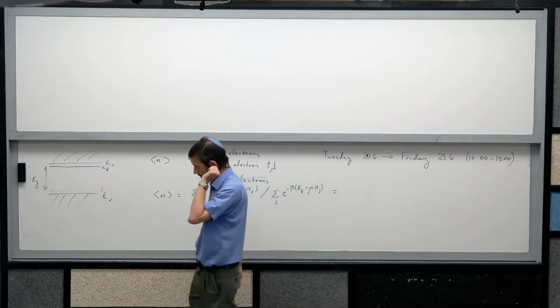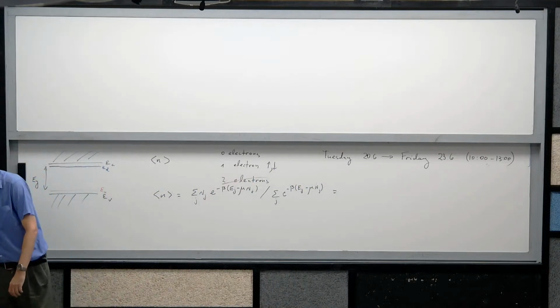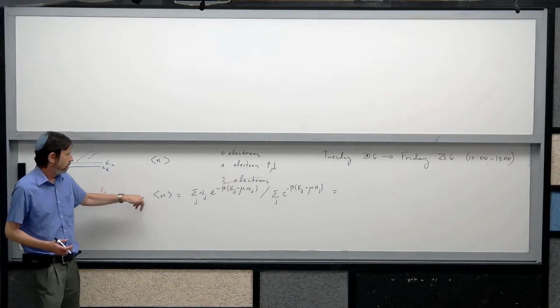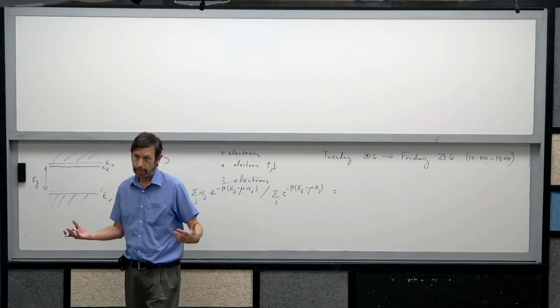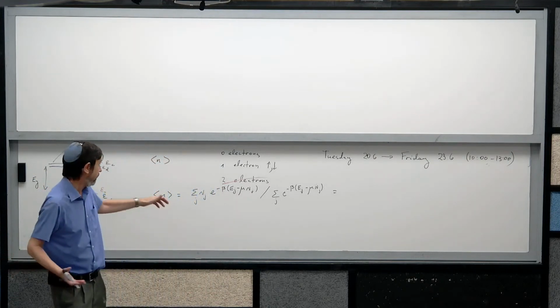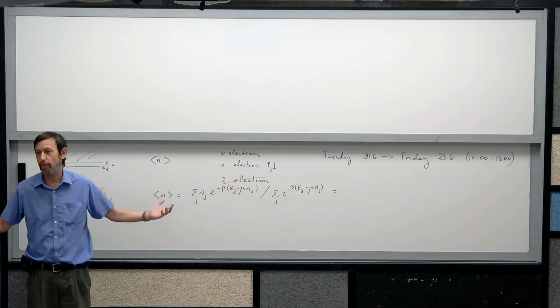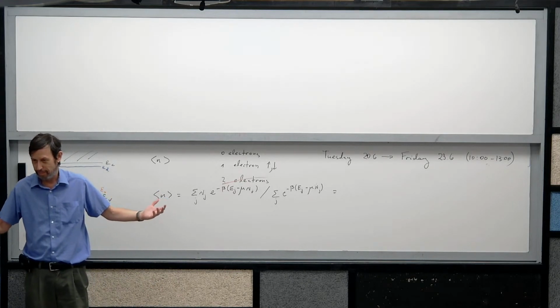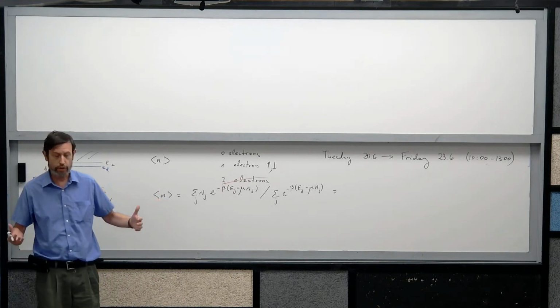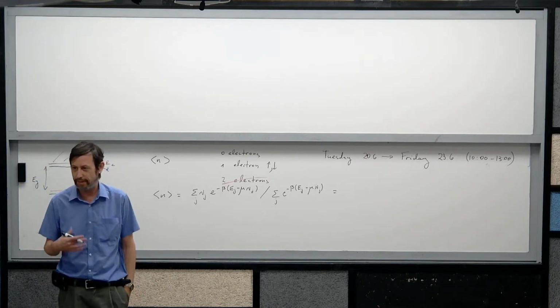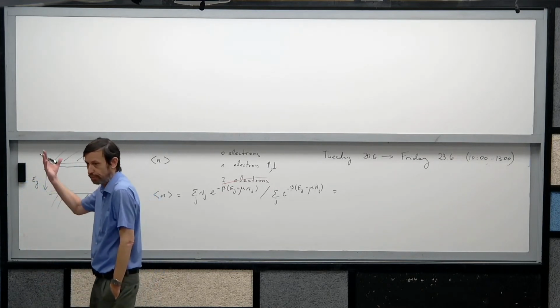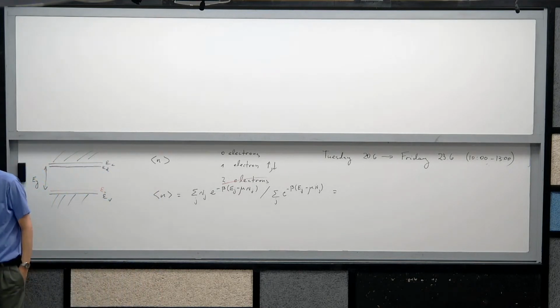And what ensemble is this? Grand canonical, of course, because electrons can come from all kinds of places in the system. There's no conservation law about the number of electrons that exist on these impurity states. They can move somewhere else or come from somewhere else.